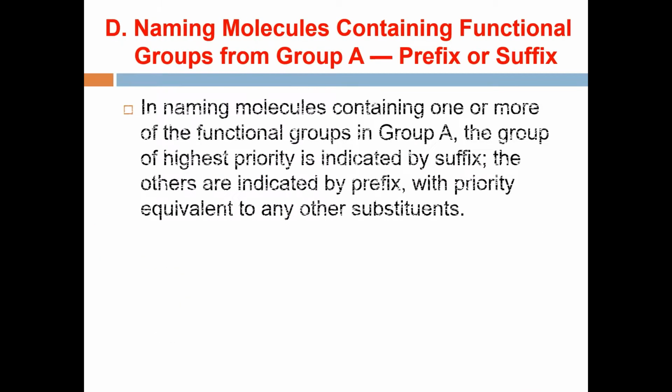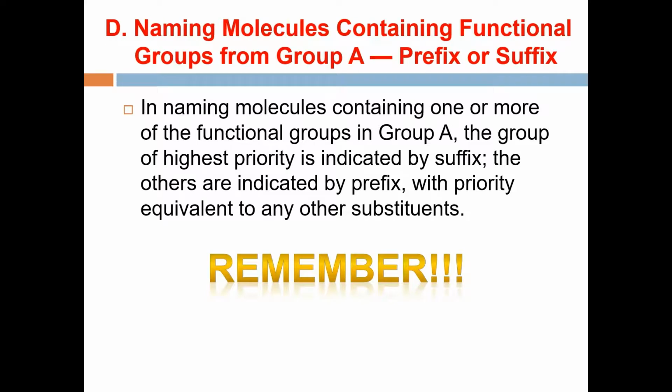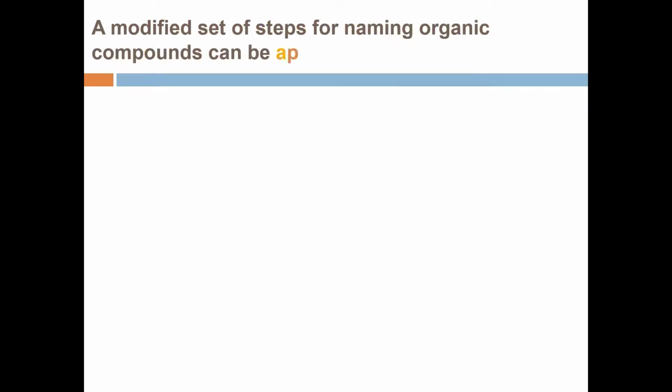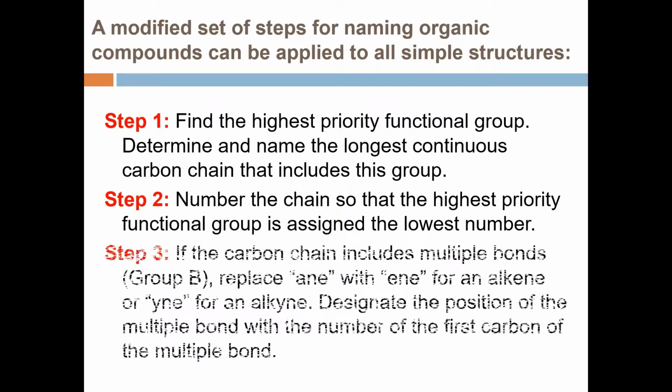In naming the molecules containing functional groups from group A, we need to use the highest priority functional group as the parent or suffix. Here are the modified steps for naming compounds that have the highest priority functional group.